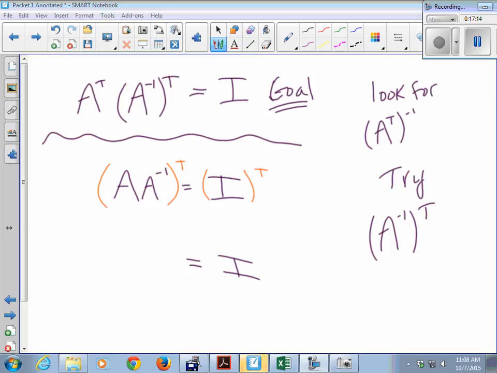Yeah, you have to reverse the order. So it's A inverse transpose times A transpose. Hey, that's like what we wanted to show. Almost. Could I have done something that would show exactly what I wanted? Swap the A inverse and the A at the beginning.